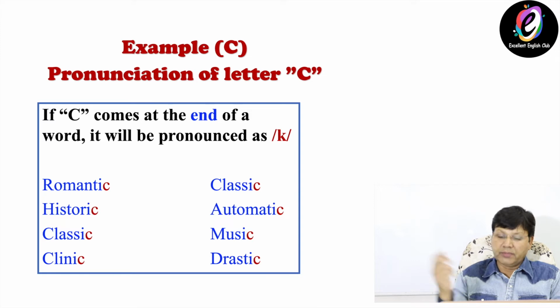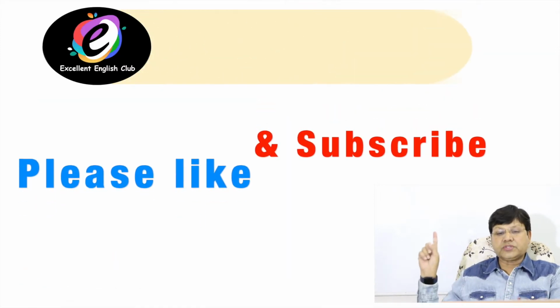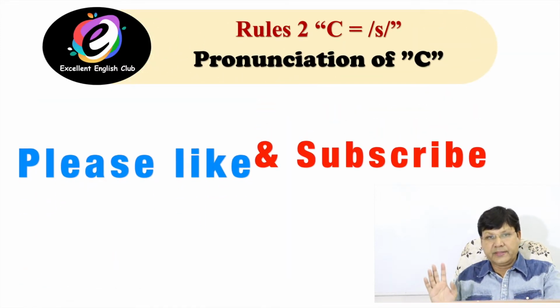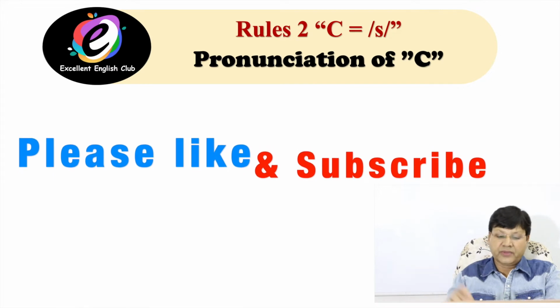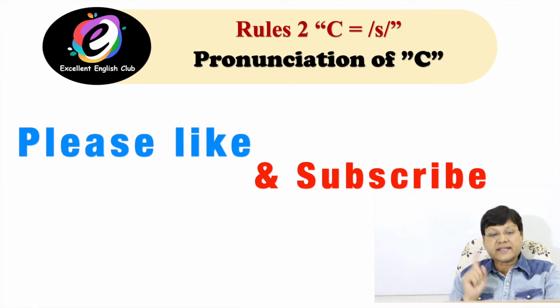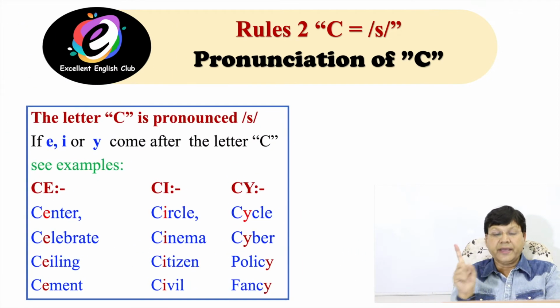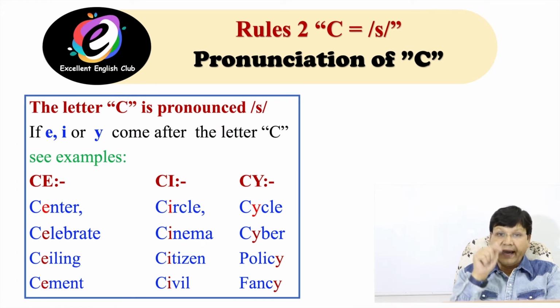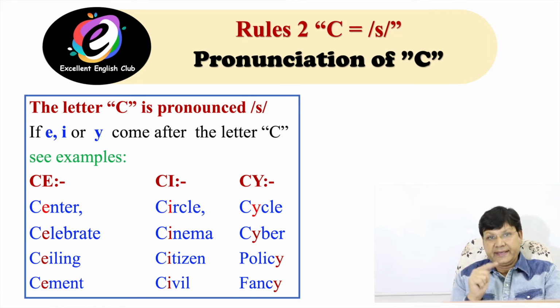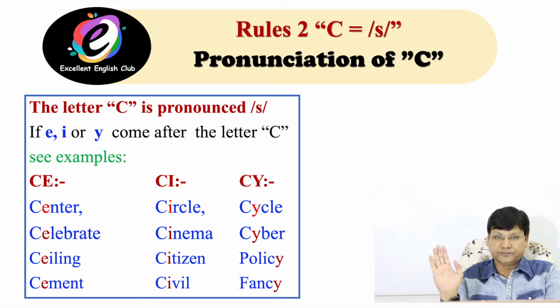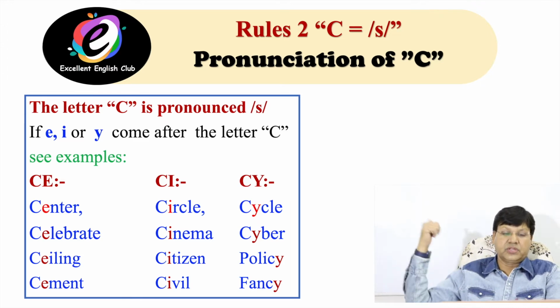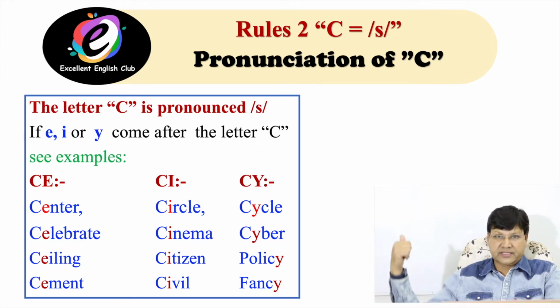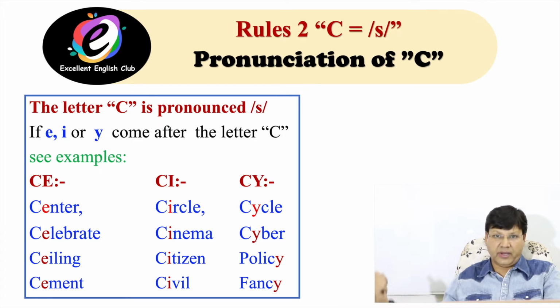Now move to rule number 2. Rule number 2, C is equal to S. Look here. The letter C is pronounced sa if E, I or Y come after the letter C. The pronunciation of C will be sa, not ka. Okay, look here. Examples. CE, then CI and CY.